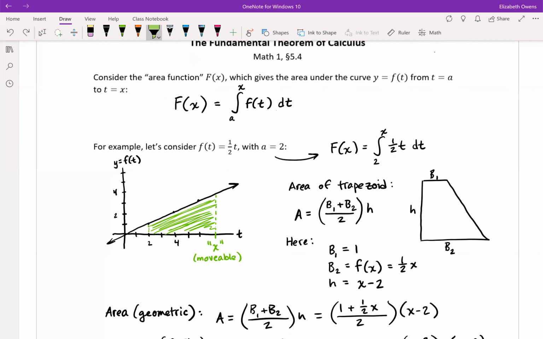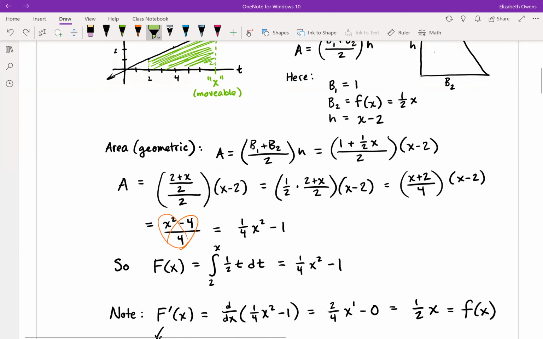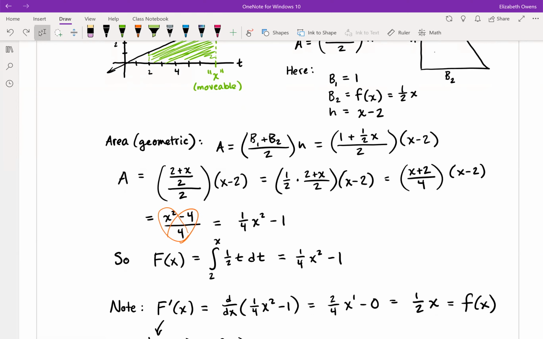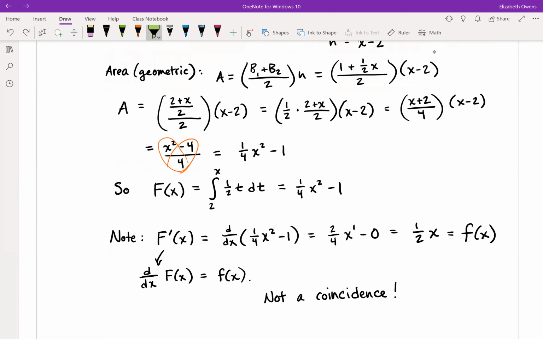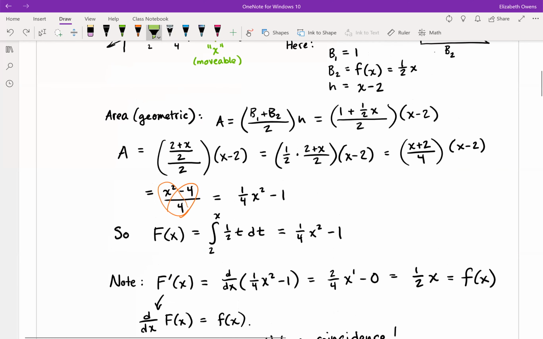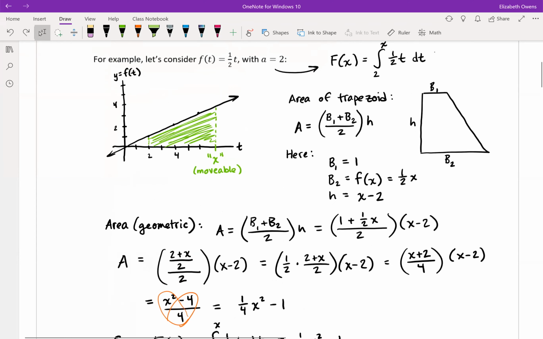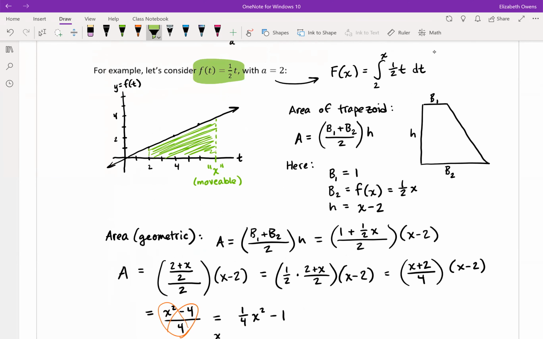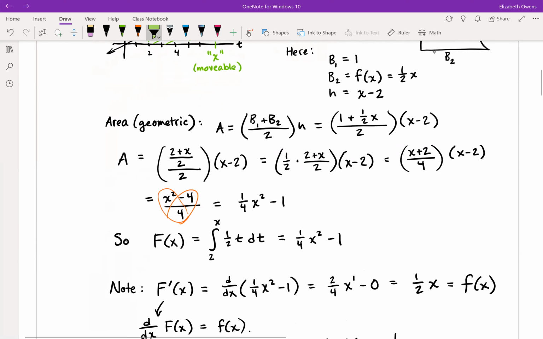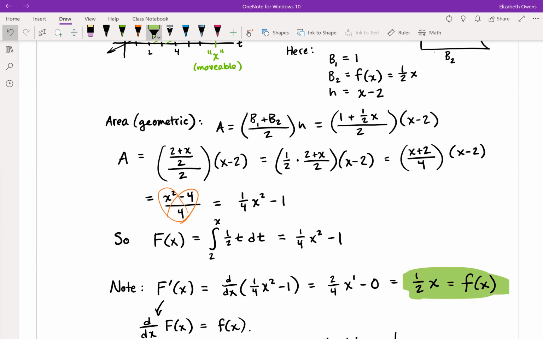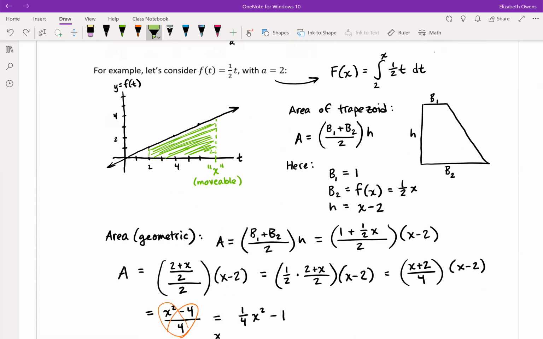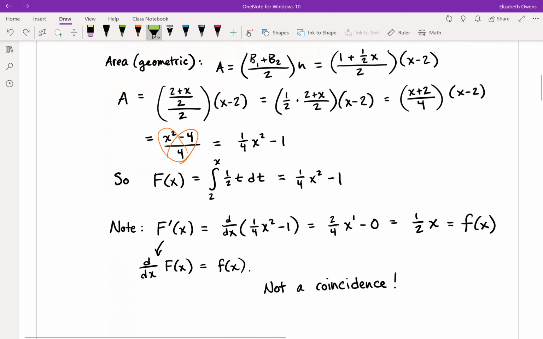If you find that area function, like we did with this example, and then take its derivative, you end up just getting your original function back, like little f, but with x inside of it instead of t.